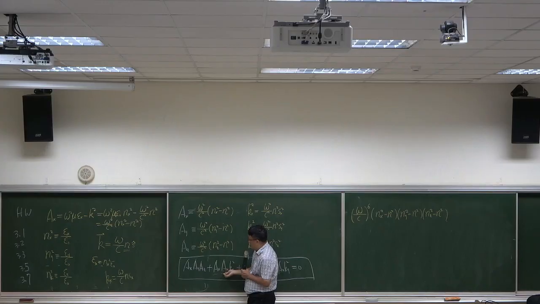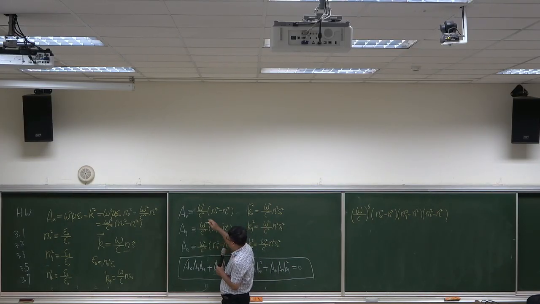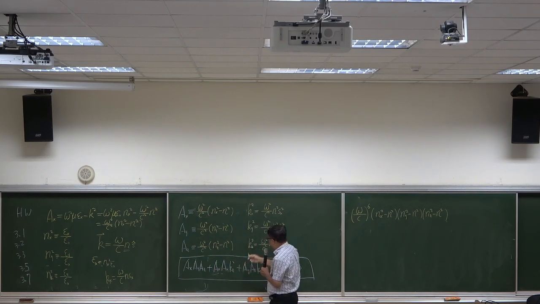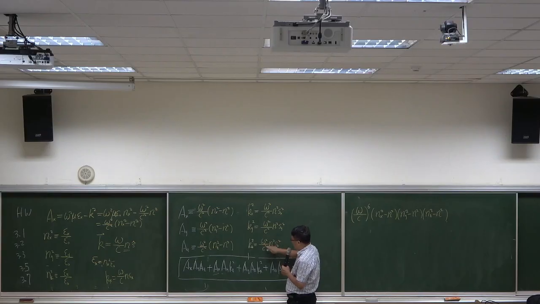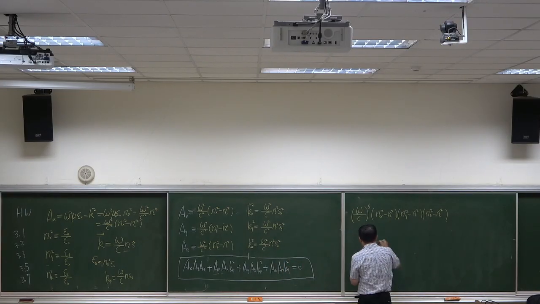Here ax, ay, and kz all provide omega over c squared, so we still have omega over c to the 6th power.